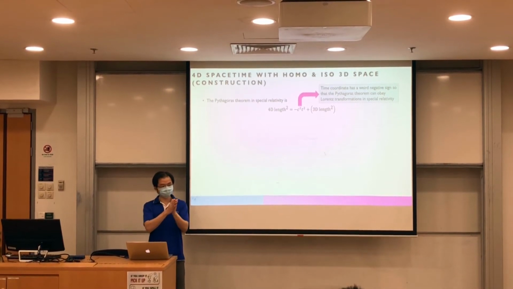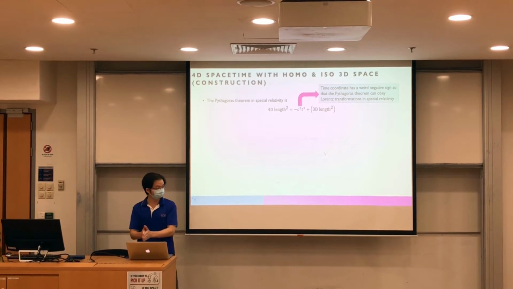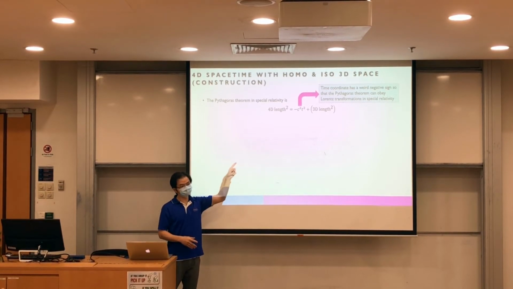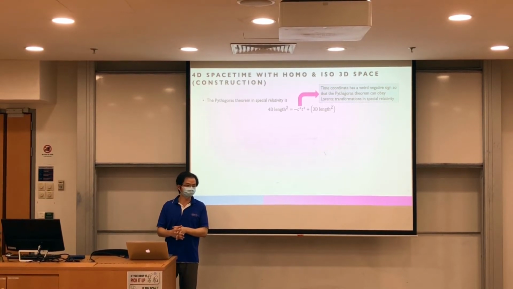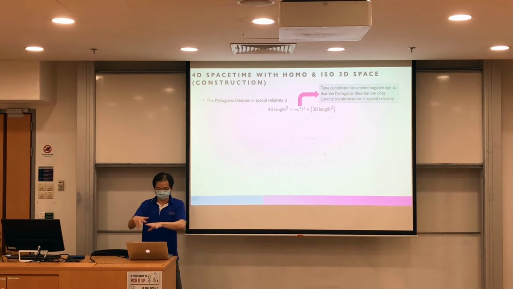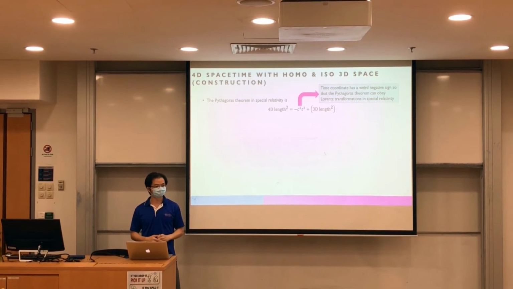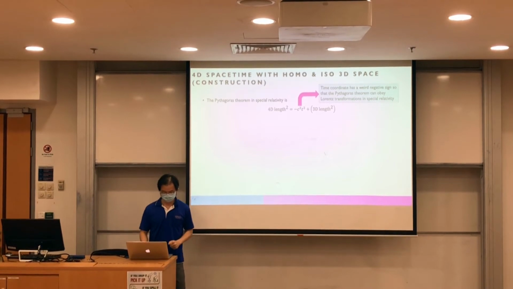In order for the Pythagoras theorem to respect the Lorentz transformation, that term has to be negative. So this is an unusual Pythagoras theorem. Normally the Pythagoras theorem is plus plus plus. But this one has to be negative because we have to respect the rules in special relativity, for the time part.